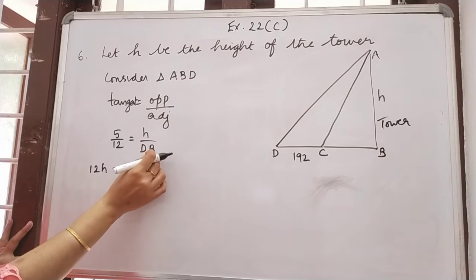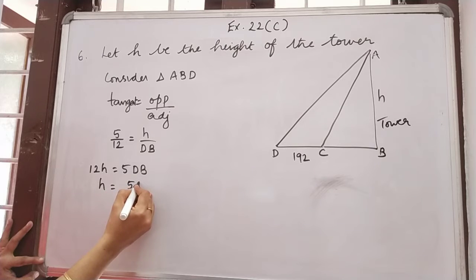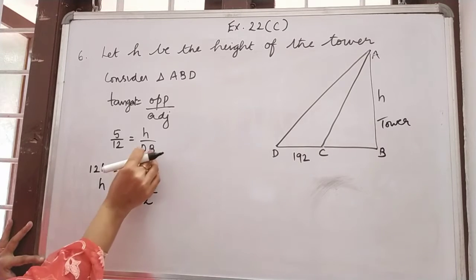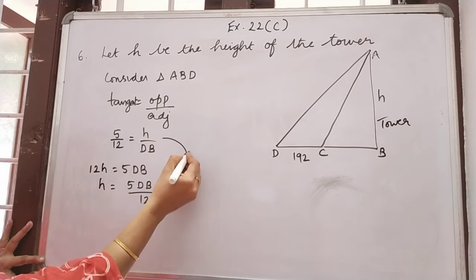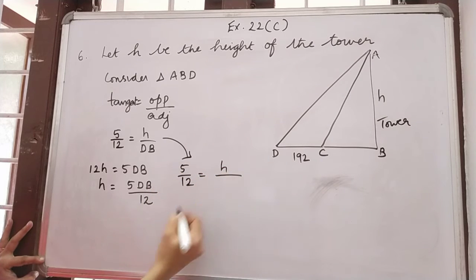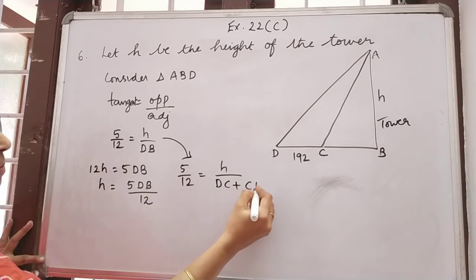So H, the height we have to find out, is equal to 5DB divided by 12. Either write it like this, or from here you can directly write 5 by 12 is equal to H divided by DB, and DB we can split as DC plus CB.